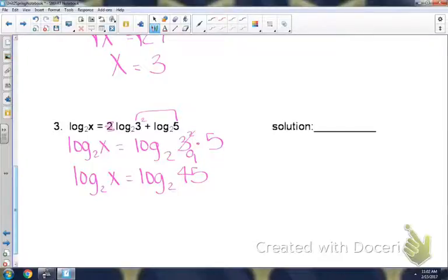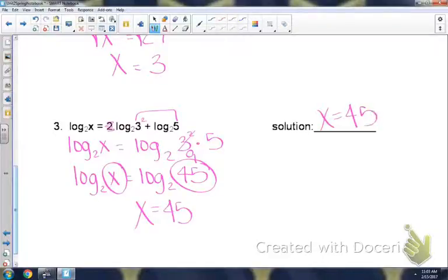Now notice these logs are equal, the bases are the same. We're just setting x equal to 45, and we have our answer. So you're condensing the left side into one log, condensing the right side into one log, and then just setting your m equal to n, because those are equal. So x would equal 45.